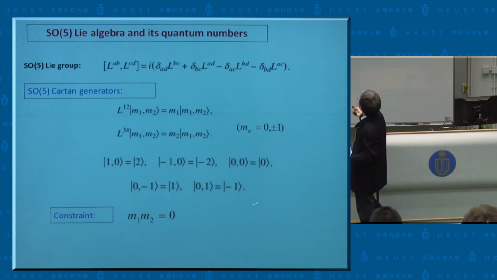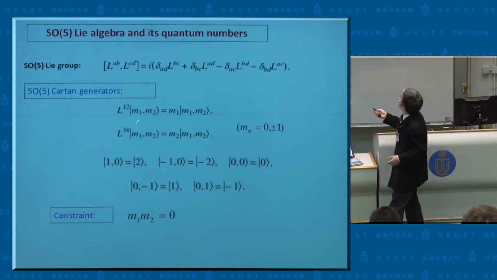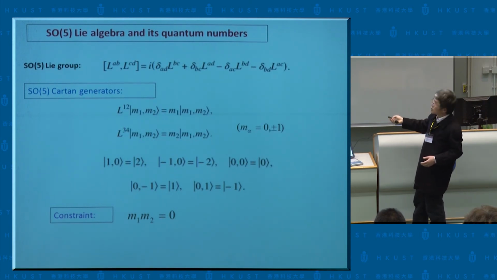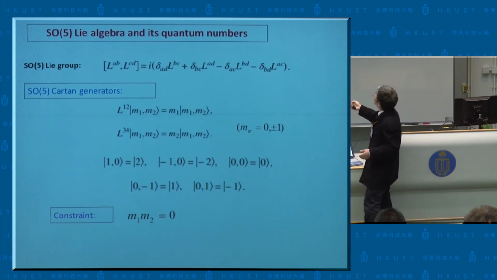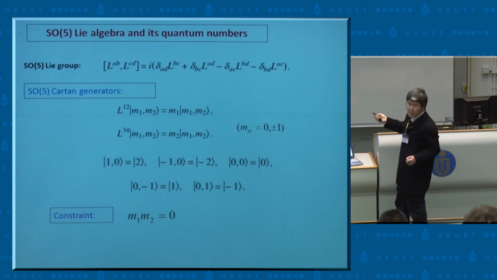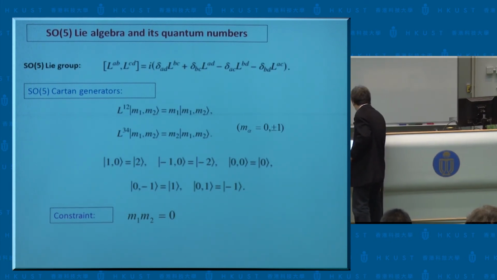If we use these two quantum numbers m1, m2 to describe the spin 2 state, there is a relation of this form. However, there is a local constraint, which means on each site, the quantum numbers m1 and m2 cannot be non-zero at the same time.